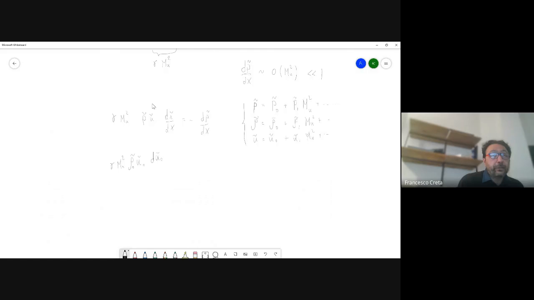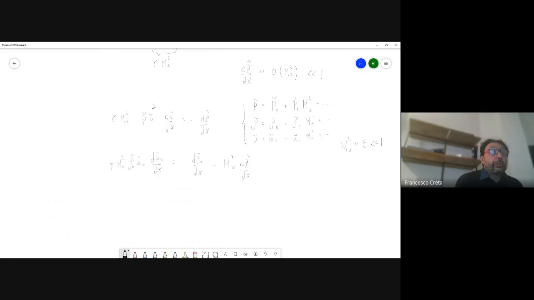So you have the equations rewritten with only the zero order term, and then you have dp0 dx minus Mach squared dp1 dx. Now, note that Mach squared essentially is your epsilon, a very small parameter, okay?